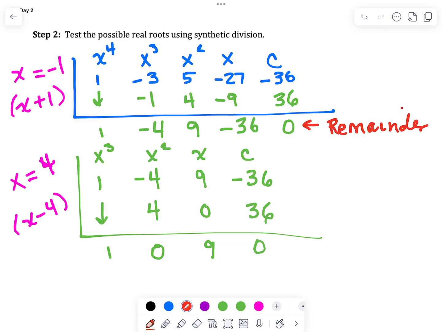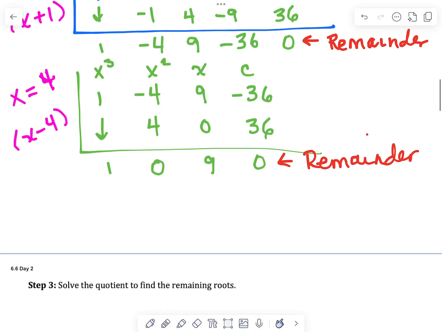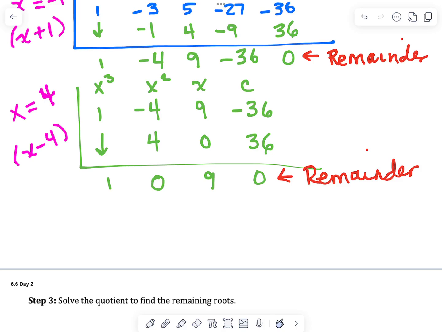Again, notice that the remainder is 0. It must be 0 for it to be a factor of the polynomial. So now what we did is we divided out the factor x minus 4. So now we drop a degree again. So now this is my x squared, my x, and my constant, and then my remainder.